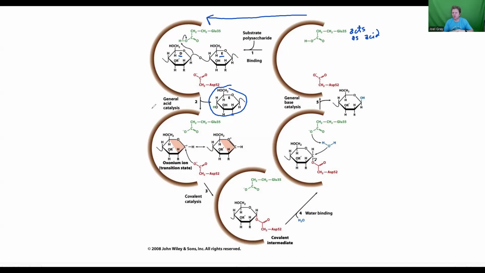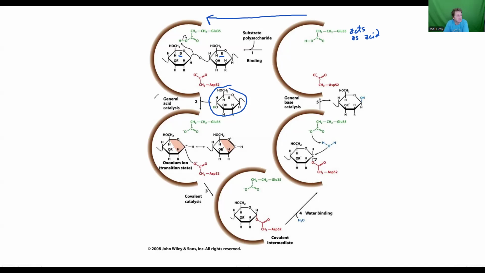Now, I said that this was going to be considered a covalent mechanism. It absolutely is. When it comes to designating something as covalent catalysis or acid-base catalysis, I always envision that when you have a covalent step, that supersedes the general acid and general base or concerted acid-base catalysis.